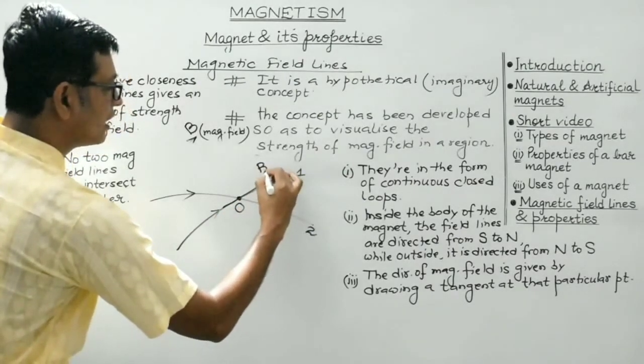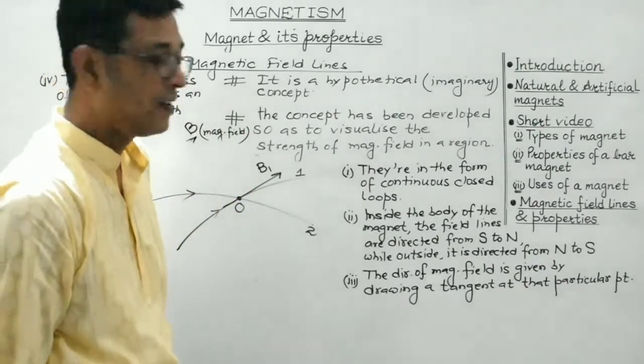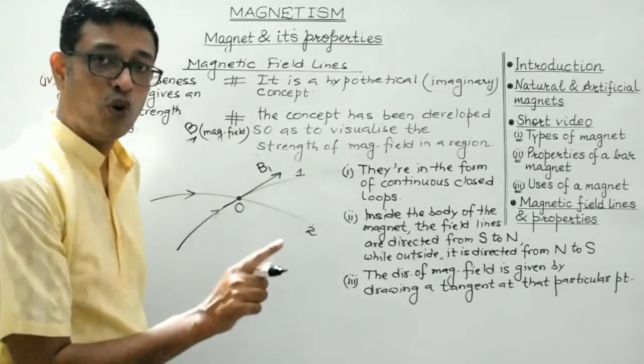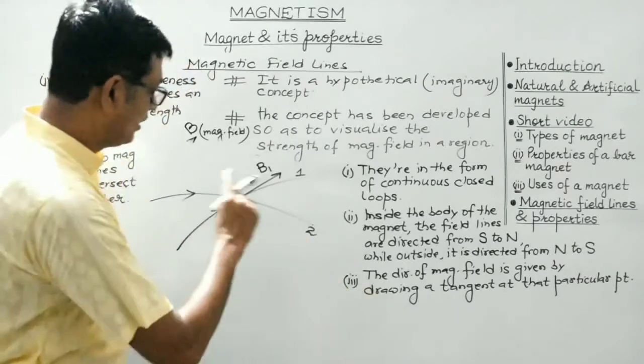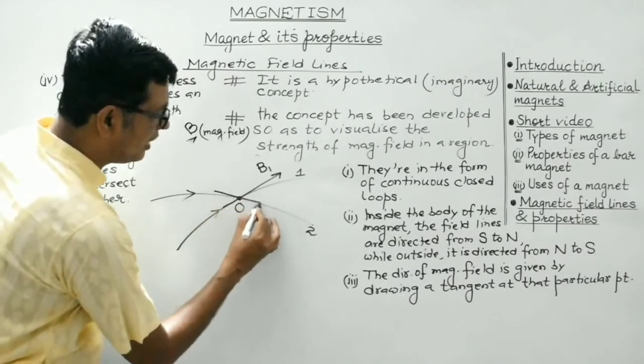Suppose this is the magnetic field B1 at point O due to the first magnetic field line, right? Now at the same point O, the direction of the magnetic field due to the second magnetic field line would be given by drawing a tangent to the second field line.